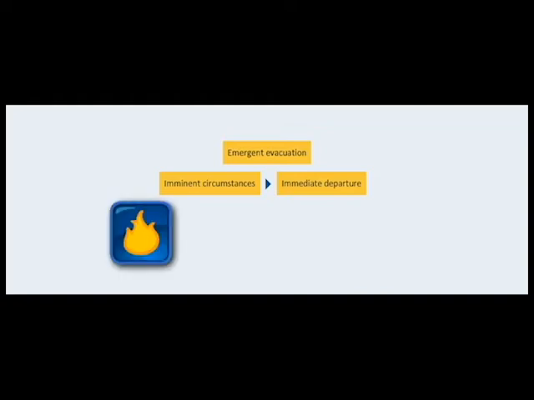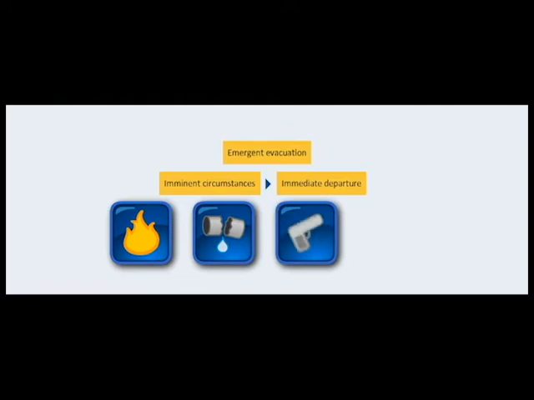Examples could include an uncontrolled fire, a physical plant failure, such as a flood from a broken sprinkler pipe, a security crisis, such as an armed perpetrator or hostage taker, or an environmental emergency, such as an internal hazardous materials release. Any delay in evacuation under these circumstances would be potentially life-threatening.